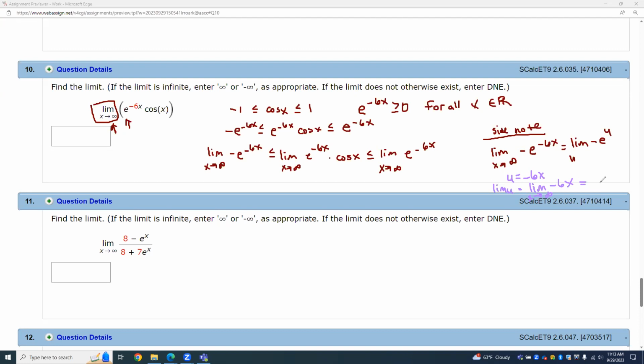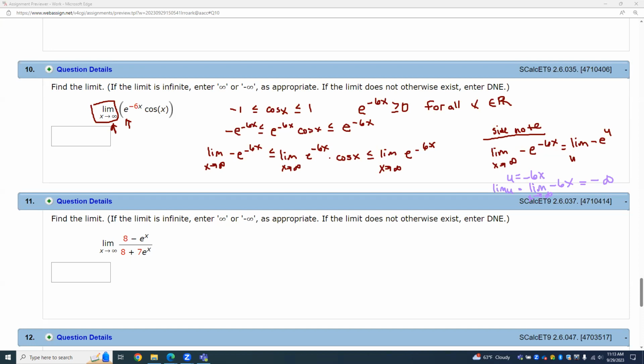It's going to be going down to negative infinity. Or you could think about it like negative 6 times a negative infinity, even though we can't really do math with infinity: it's negative 6 times a number that's going to infinity, which is going to be negative infinity. Whew, that was a lot of infinity talk there.